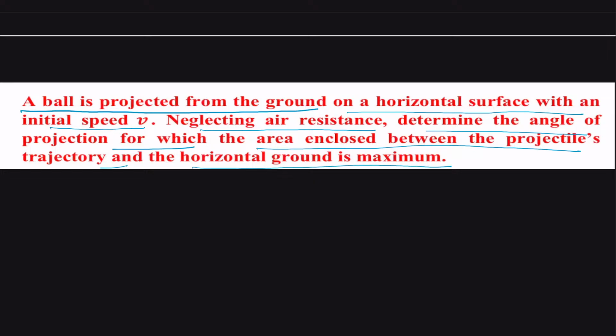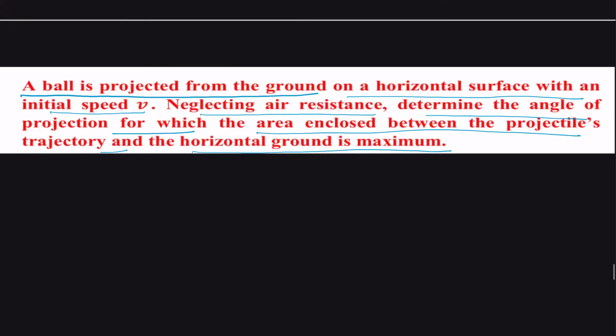So basically we are going to find out the area under this curve in this particular question. You can solve this question by using the trajectory equation directly also, but we will derive it and then we can take it from there. Okay.